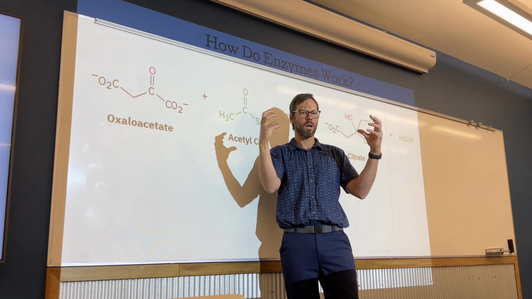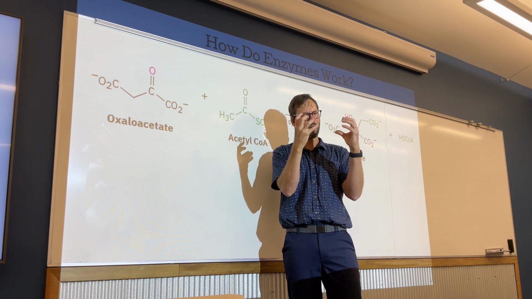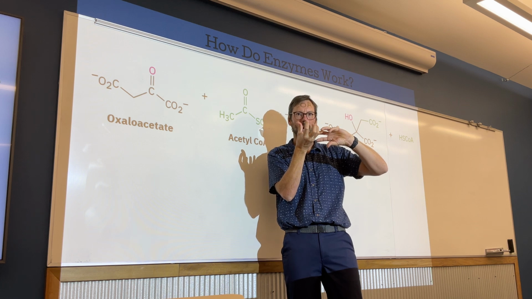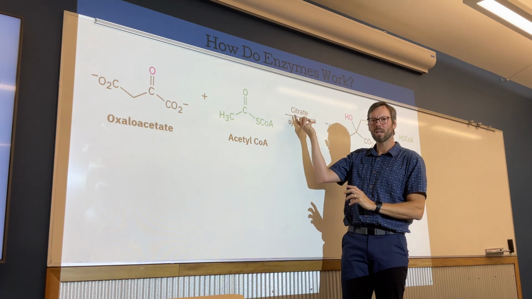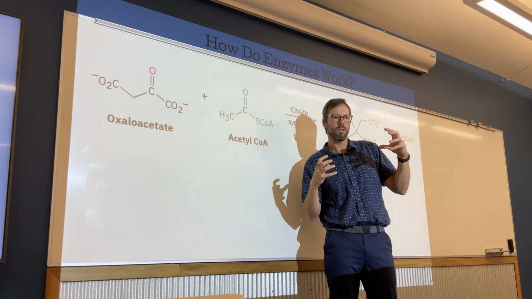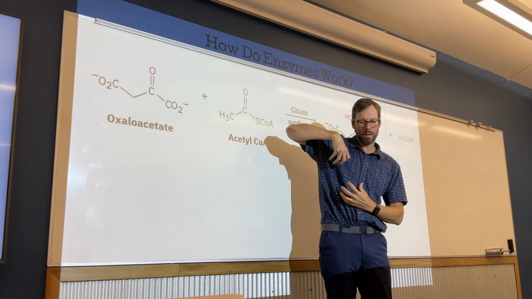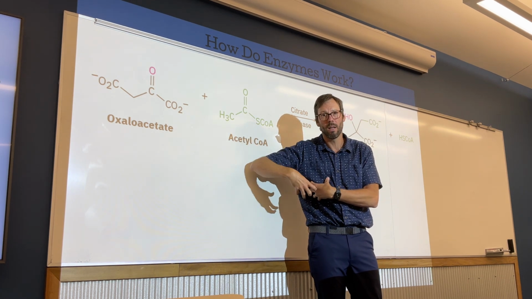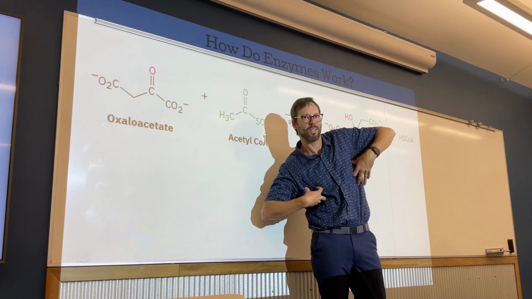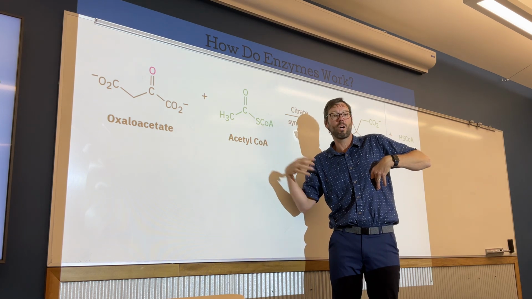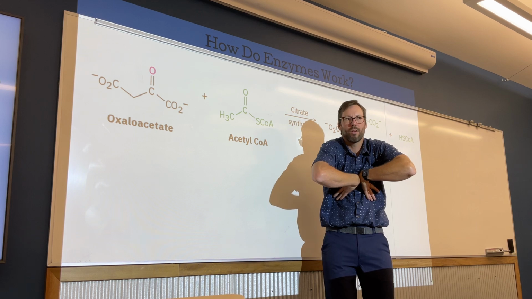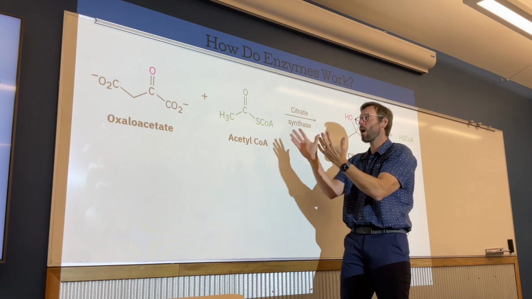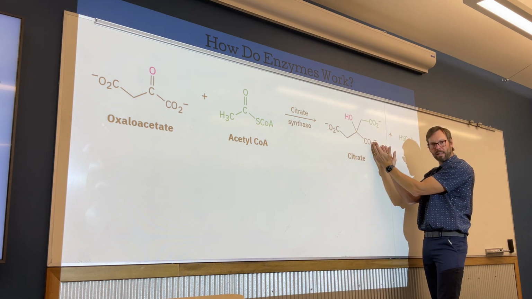So not only do they need to come together, but they need to come together in the right orientation, because it's like a lock and key, right? And so what these enzymes do is, they're proteins, right? And so they'll open up a cleft on one side to bind, let's say, the oxaloacetate. And then once they do that, they'll open up another cleft on some side and bind acetyl-CoA. And then, you know, they're the matchmaker. They bring them together in the right position in space to then allow them to make this, okay?